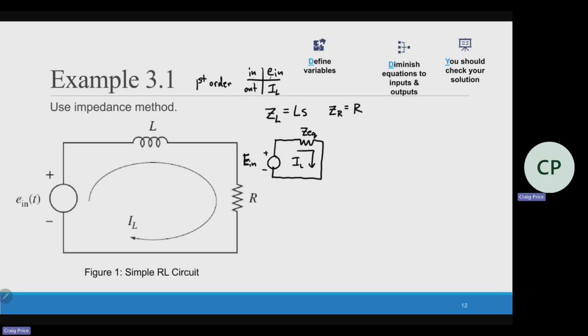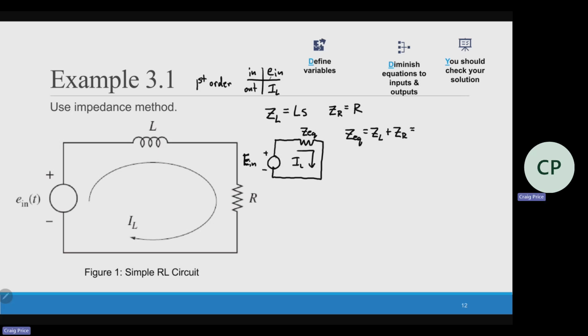When we're using impedance, we are doing a Laplace transform. So I can combine L and R. I can just treat them as resistors. If they're resistors in series, we can just add them together. So Z equivalent is equal to the impedance of the inductor plus impedance of resistor, because they are in series.